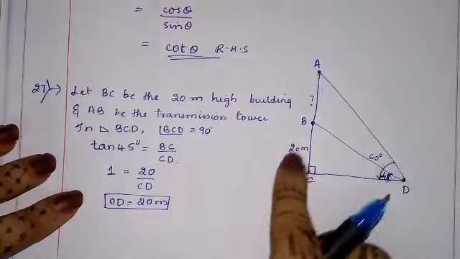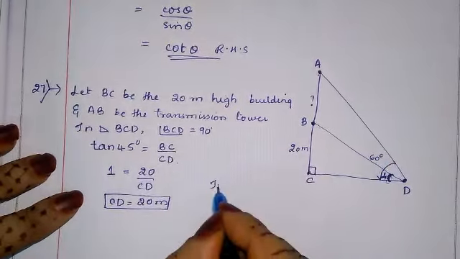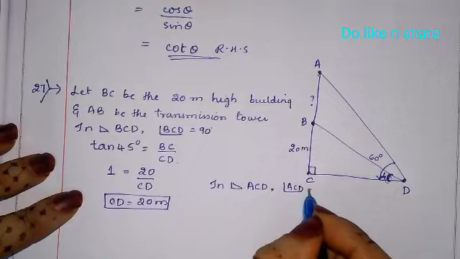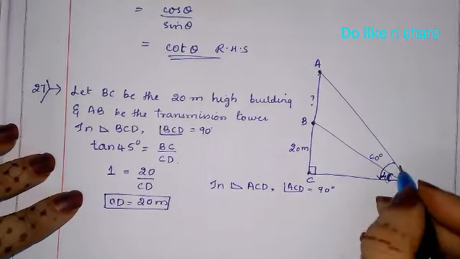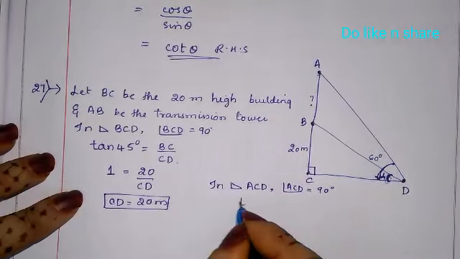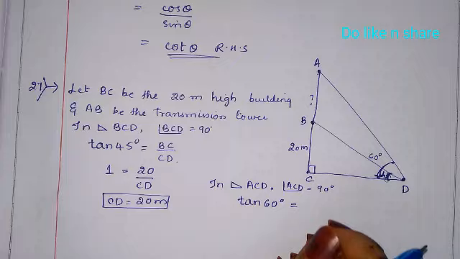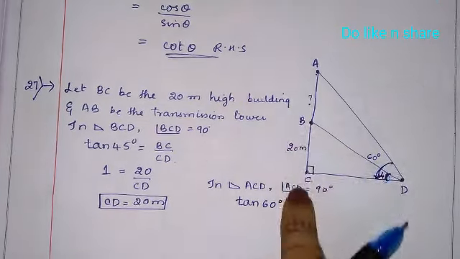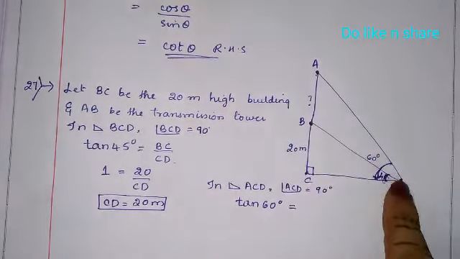Now let us take a big triangle. In triangle ACD, always we should focus on right angle triangle. ACD, angle ACD is 90 degree. So tan 60, whole angle is 60. We should take tan 60. Tan 60 is equals to, always for application of trigonometry we focus on tan only because we don't want hypotenuse here.